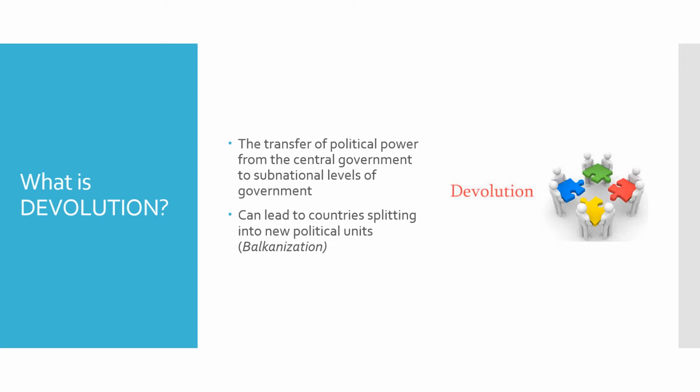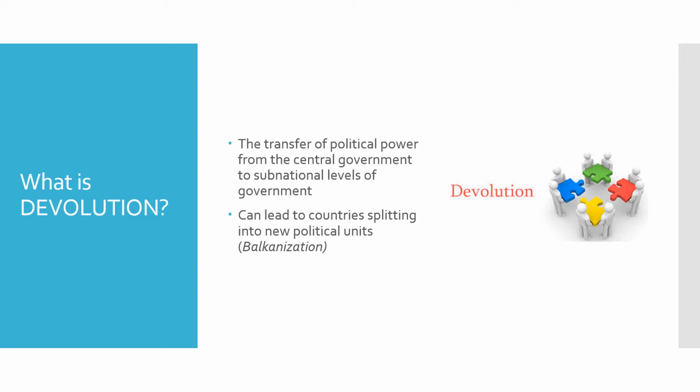Now, if that happens continually and we have kind of an acceleration of devolution, you may get enough powers moving to those subnational governments that it leads to new political units starting. So let's say all of these powers get to our state governments, we may get states declaring independence and becoming something new. So that process is called balkanization.